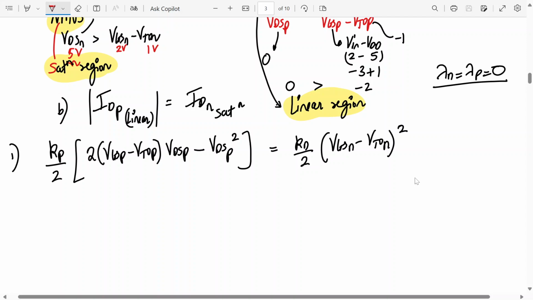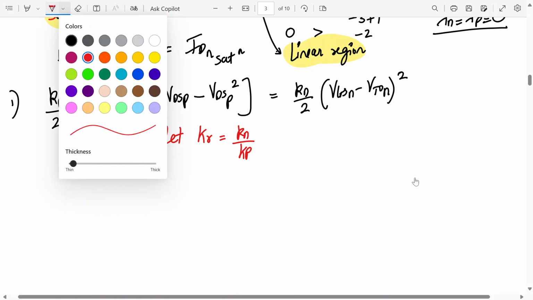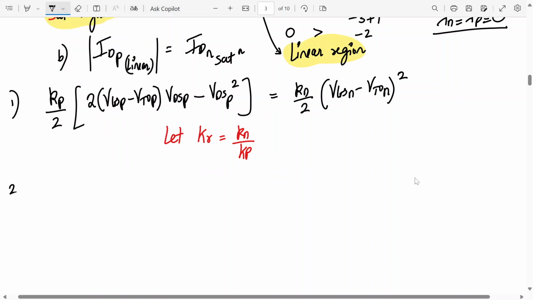So we are assuming now, let the inverter ratio be Kn by Kp. Now we'll write the second statement over here. So here it will be twice. What is VGSP?